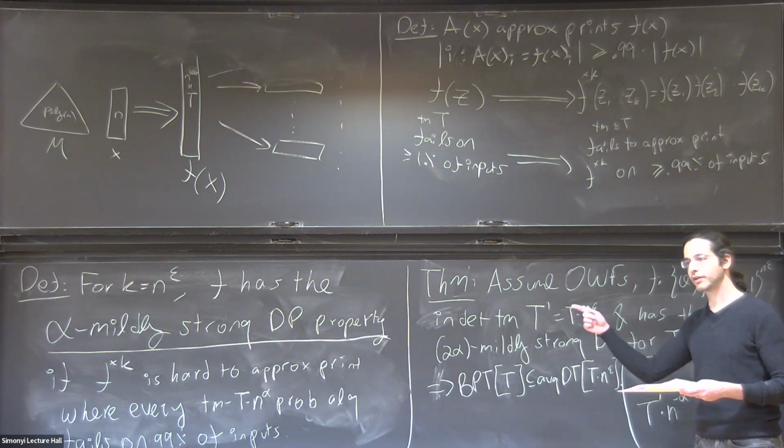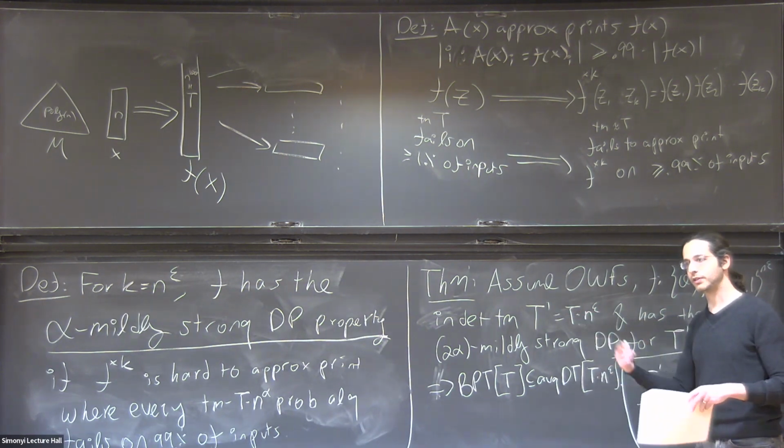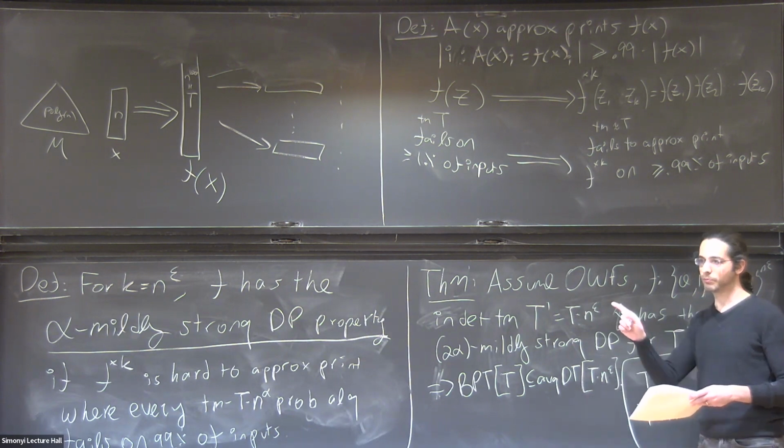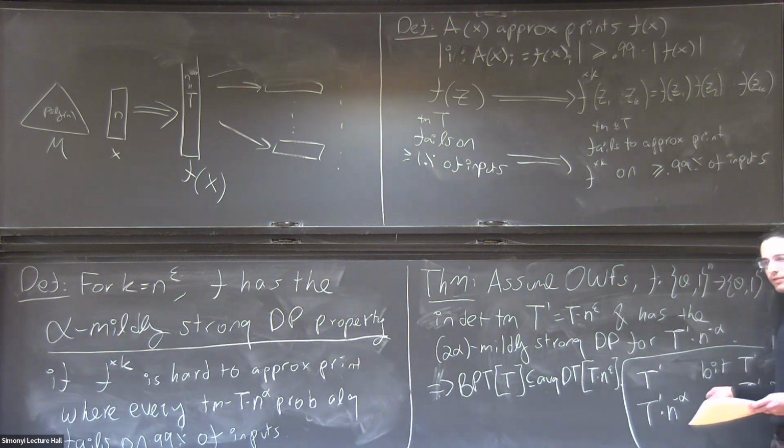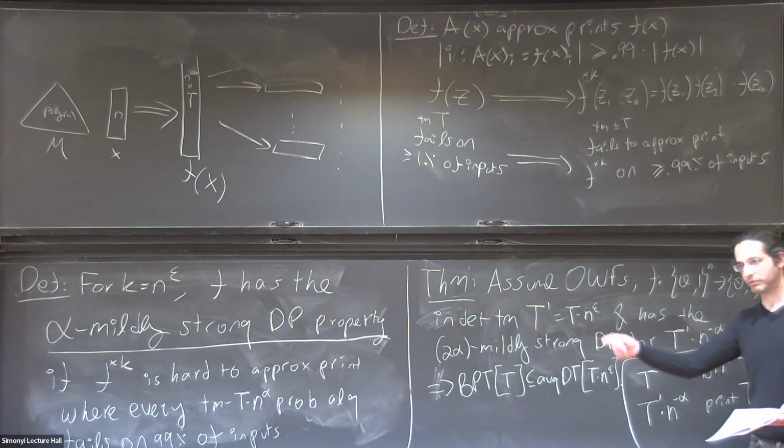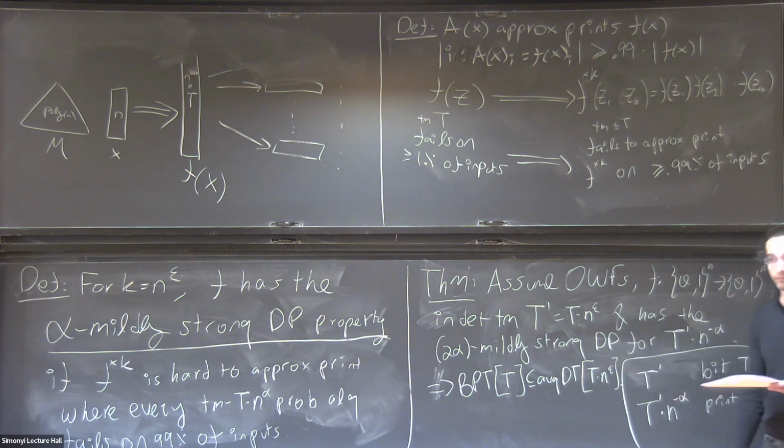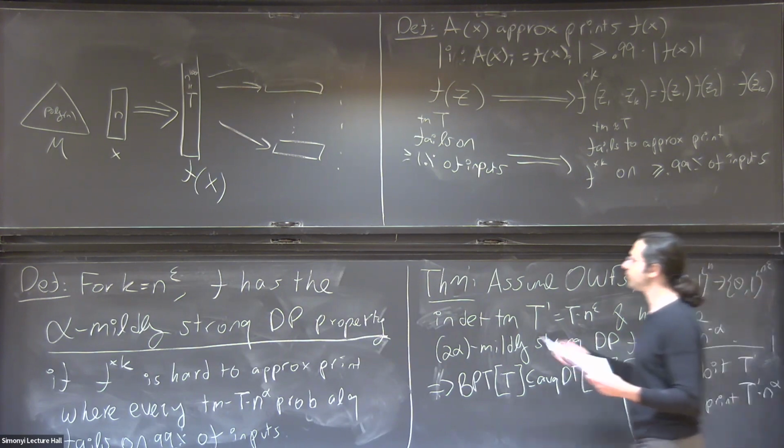So the notion of direct product gives you all these properties in a natural and free way. Each bit is computable easily, printing the entire string is hard, and it's hard for the vast majority of inputs. Thanks, good question. All right, let's see the proof.